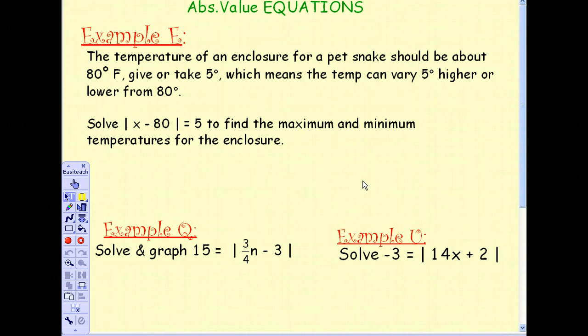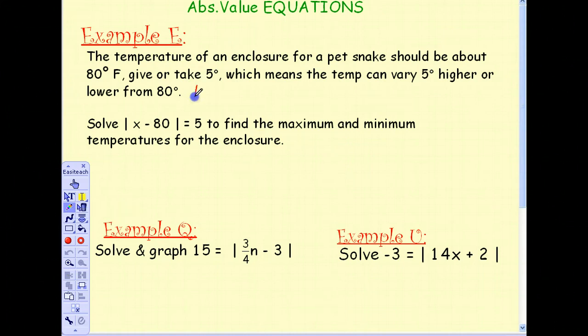Example E, the temperature of an enclosure for a pet snake should be about 80 degrees Fahrenheit, give or take 5 degrees. The give or take 5 degrees means that you're going to add 5 degrees and take 5 degrees away. We talked a little bit about this give and take when we talked about elections and a margin of error.